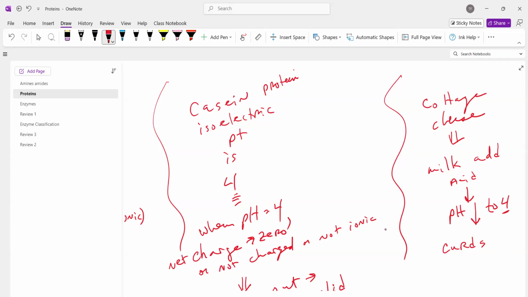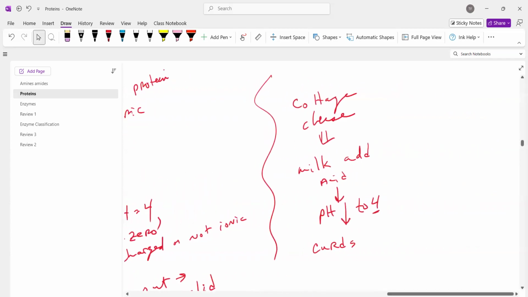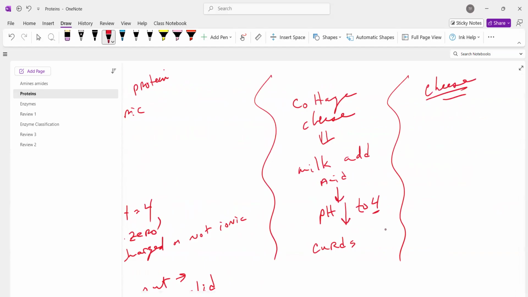Now, interestingly enough, how do you make blue cheese, for example? Blue cheese is you let the milk sit out and let all the nice yeast floating around get into the milk. The yeast grow. What happens?